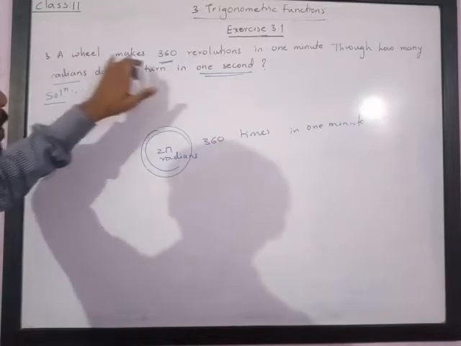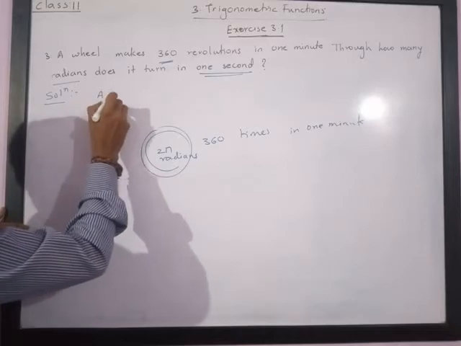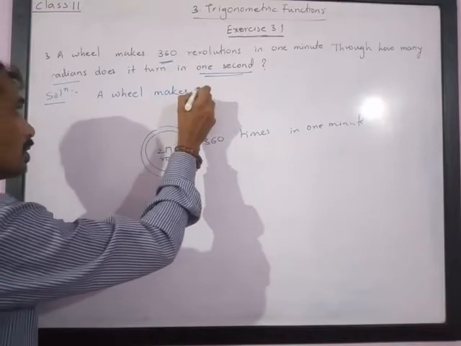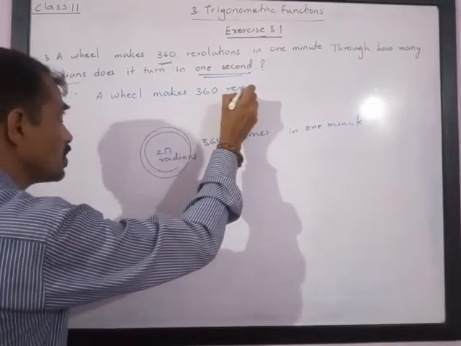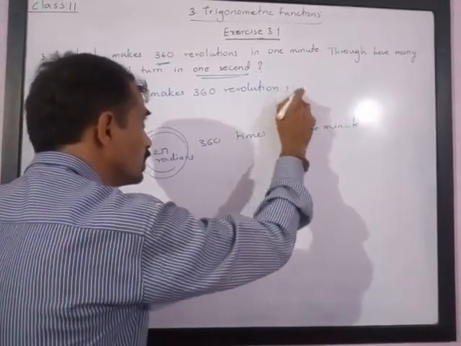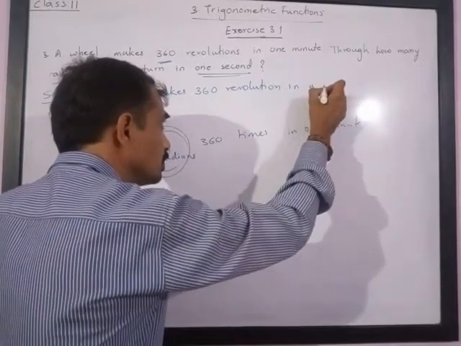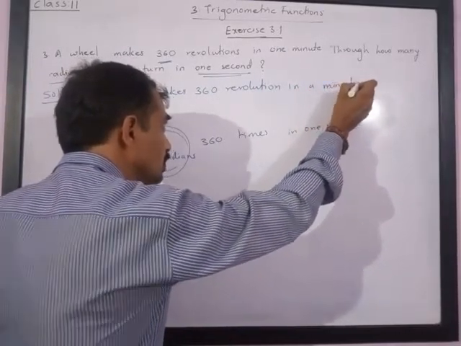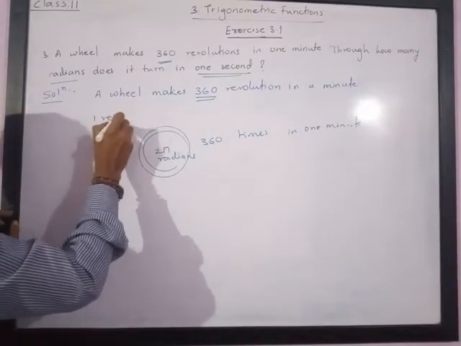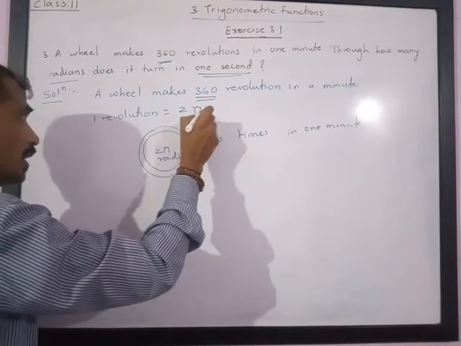We are given a wheel makes 360 revolutions in a minute. We have one revolution, or one complete circle, equal to 2 pi radians.